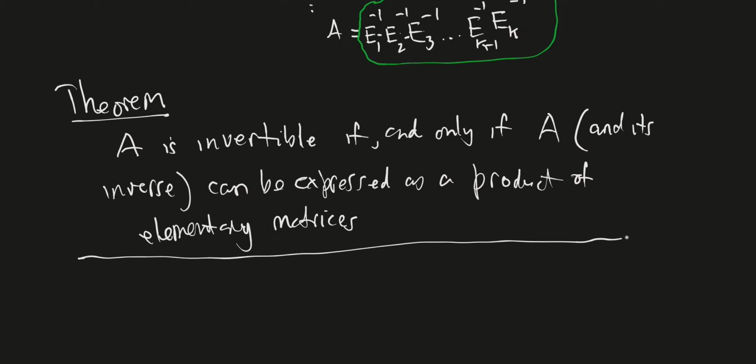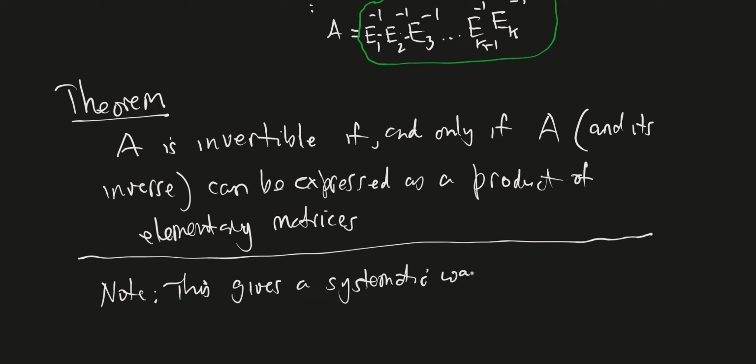And in fact, that's the end of the theorem, but I'll just add that particular note that I mentioned about matrix factorization. So I'll just put a note. This gives a systematic way of factoring invertible matrices, right?